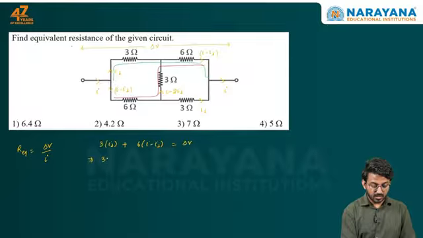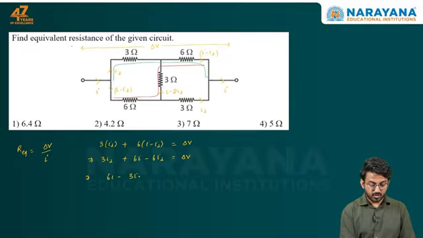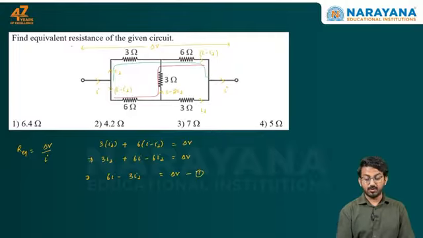Simplifying that, I get 3I1 plus 6I minus 6I1 is equal to delta V, giving us 6I minus 3I1 is equal to delta V. That's our first equation here.